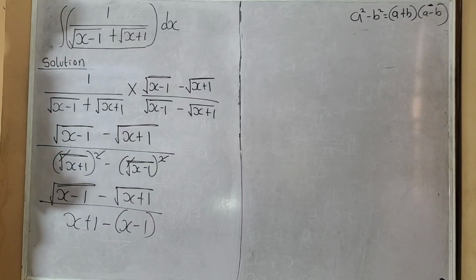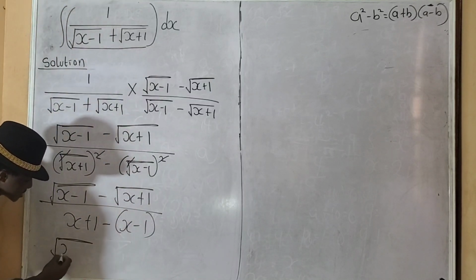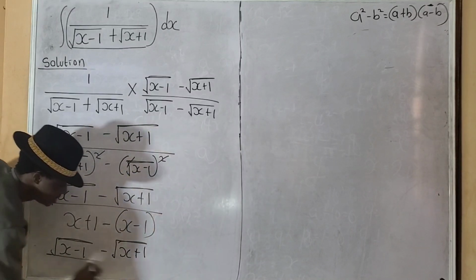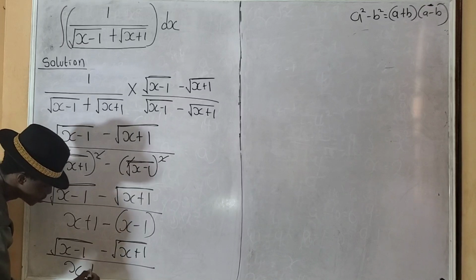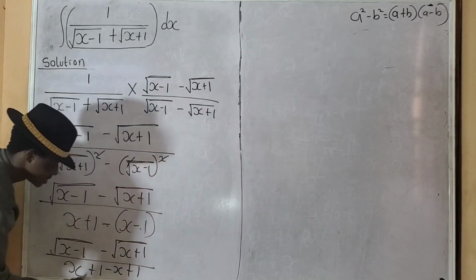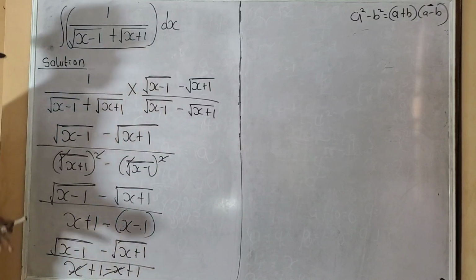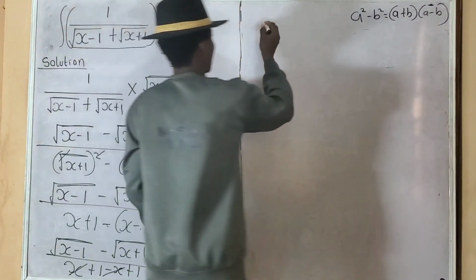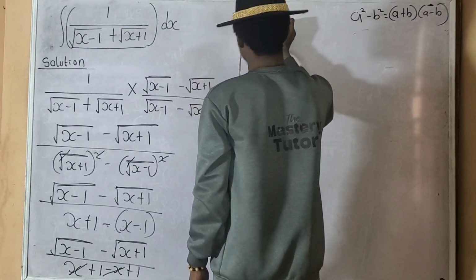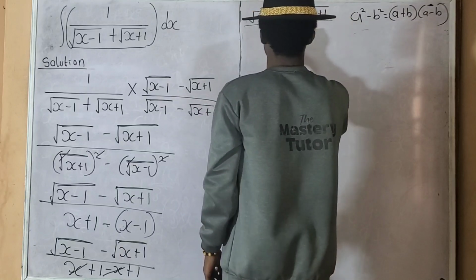Are you following? Okay, so let us simplify further. I'm going to have square root of x minus 1 minus the square root of x plus 1, divided by x plus 1 minus x plus 1. So this will eliminate this. So I'm left with what? Plus 1 and plus 1. 1 plus 1 will give me 2. So I'm going to have square root of x minus 1 minus square root of x plus 1, divided by 2.